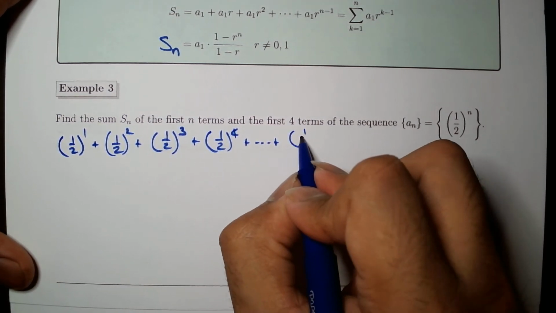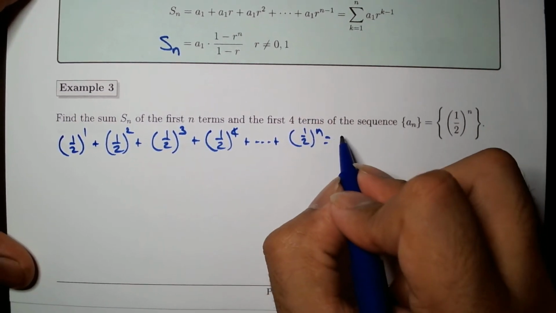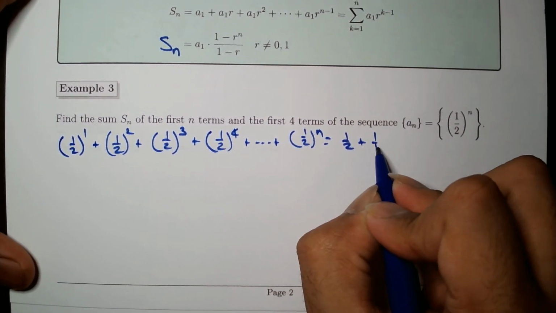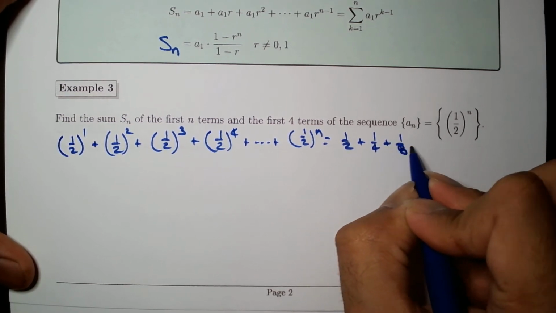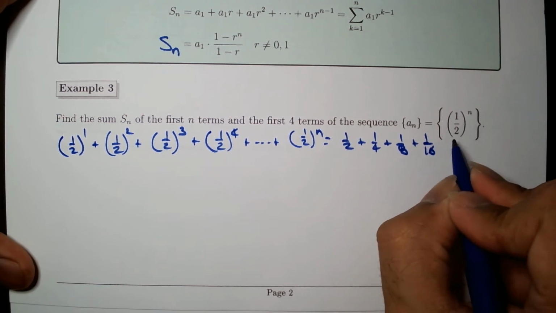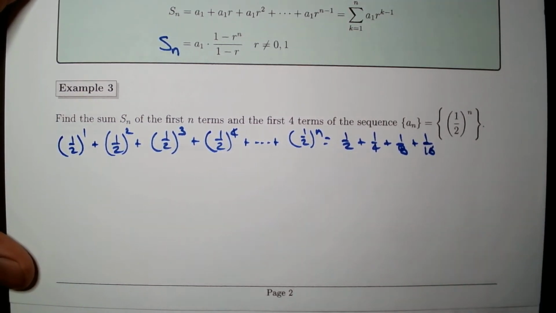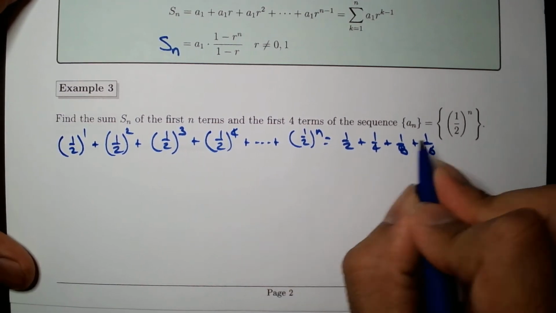That's basically what this is. So that's 1/2 plus 1/4 plus 1/8 plus 1/16. And this would go all the way 1/32, 1/64, 1/128, 1/256, 1/512, etc., etc. But we don't want to do all of those, just a few.